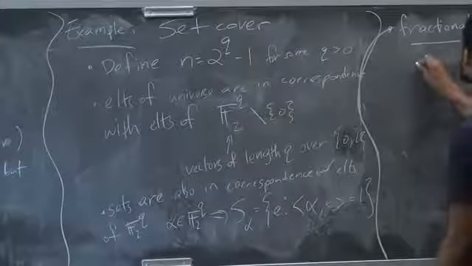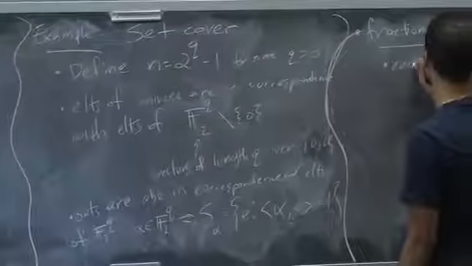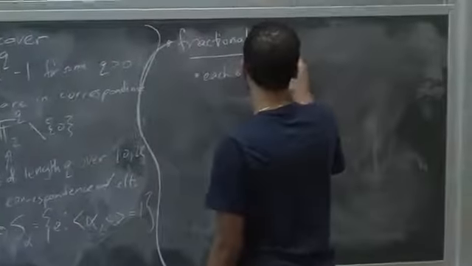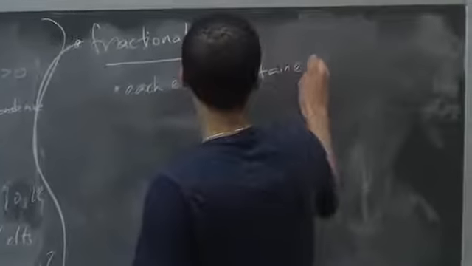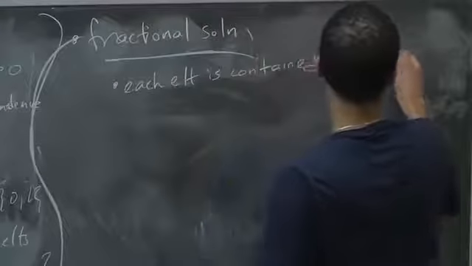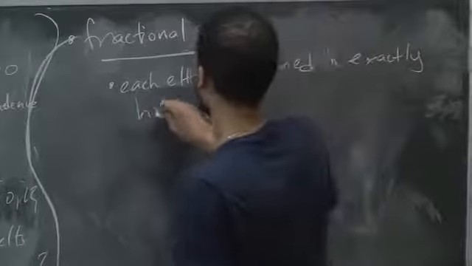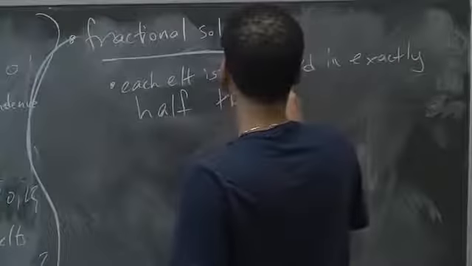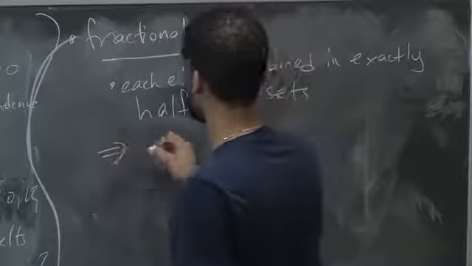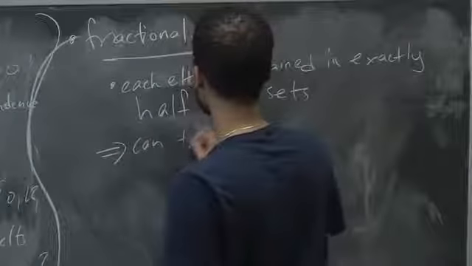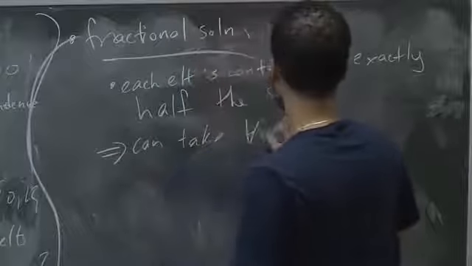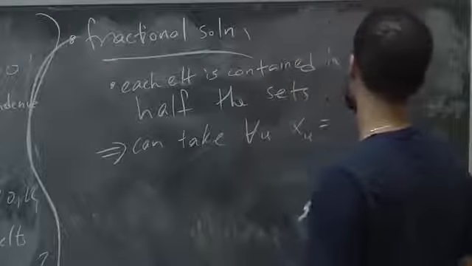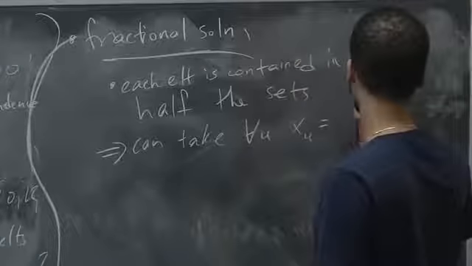So each element is contained in exactly half the sets. That implies a feasible solution can take, for all u, x_u equal to 2 over m.